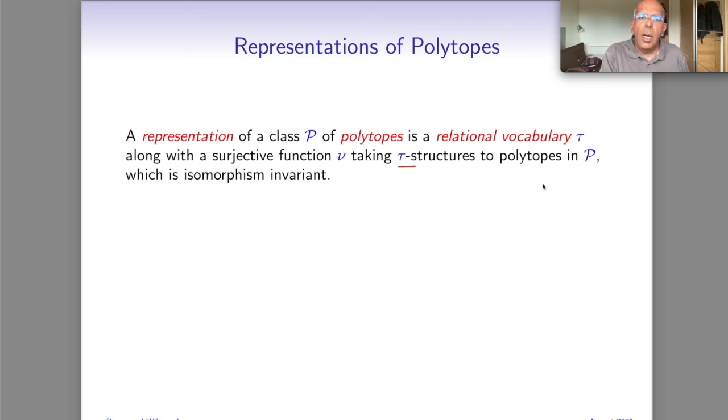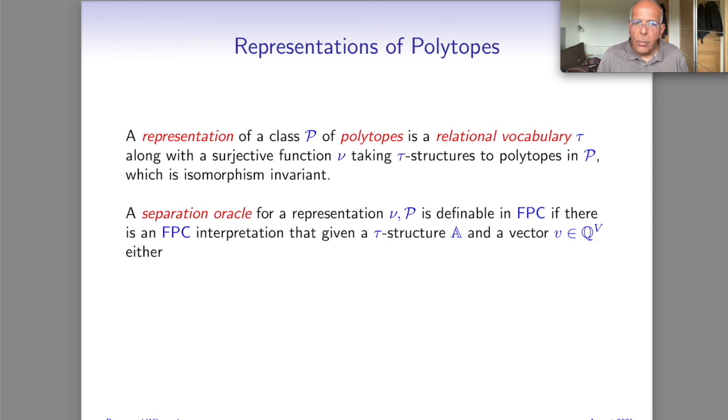So for example, again, if P is the class of matching polytopes, then for any graph, you get a matching polytope, and this is a surjective function. The surjection is a technicality. But crucially, it is isomorphism invariant. So if you take two isomorphic τ-structures, then the polytopes that μ maps them to are isomorphic in the sense that up to permutation of the coordinates, they're the same.